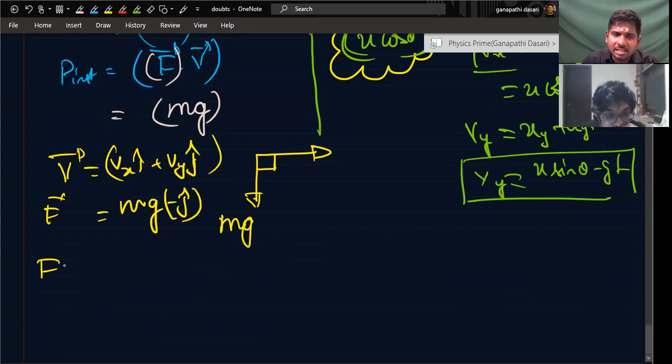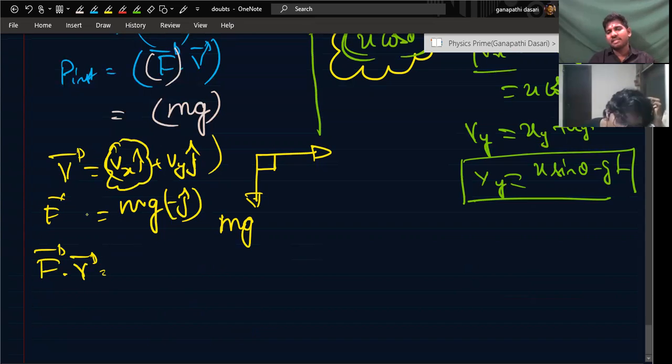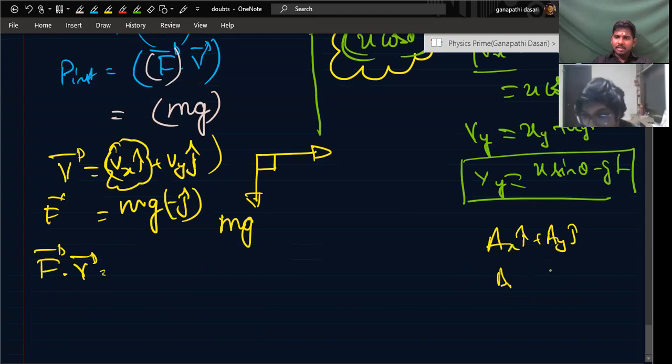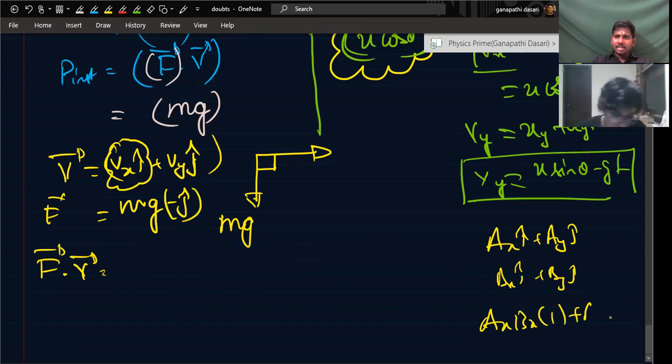If I multiply this F dot velocity, the x component will anyway become 0, right? Ax bx plus ay by, dot product. Do you remember dot product? Ax i cap plus ay j cap, bx i cap plus by j cap means what? Ax bx into i dot i is 1 plus ay by, j dot j is 1. But ax by will become 0 because i dot j is 0. Ay bx will become 0 because j dot i is 0.